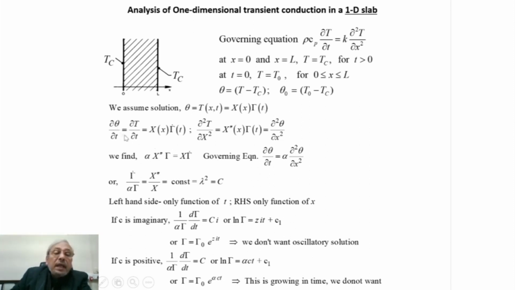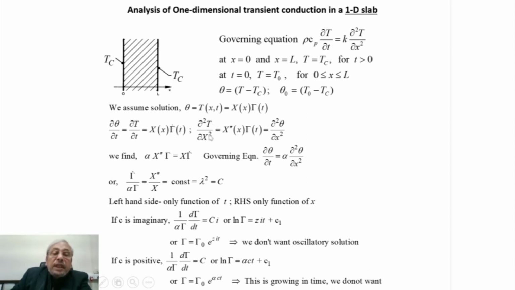So del theta del t, which is del temperature del time, we can write as X into gamma dot t. Gamma dot means d gamma dt.